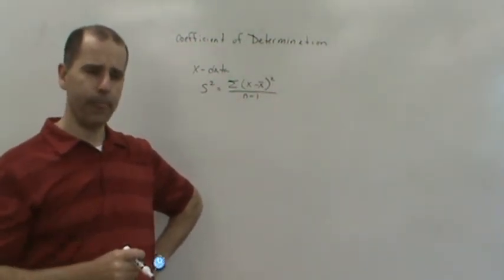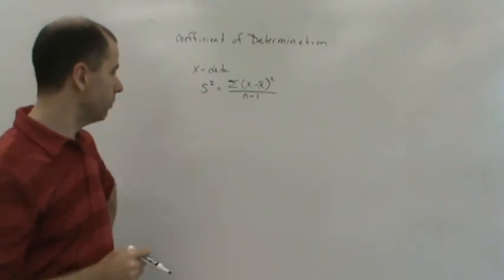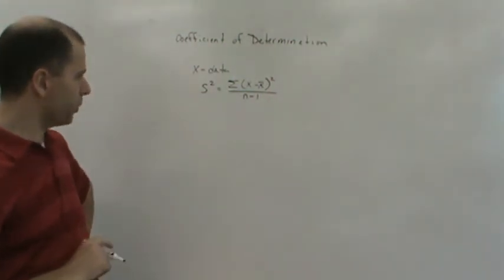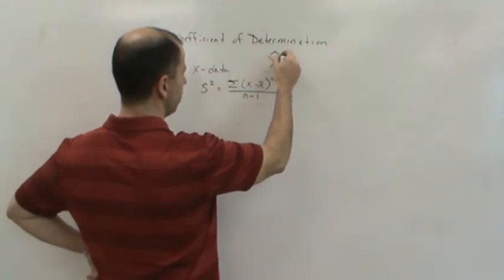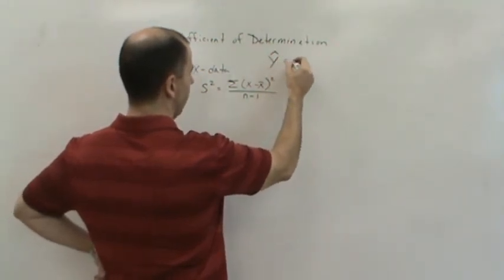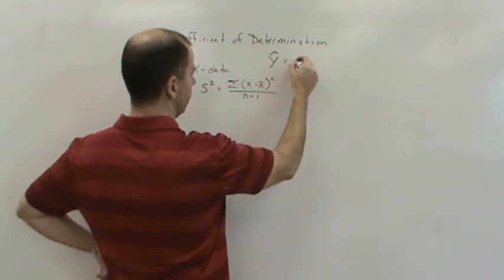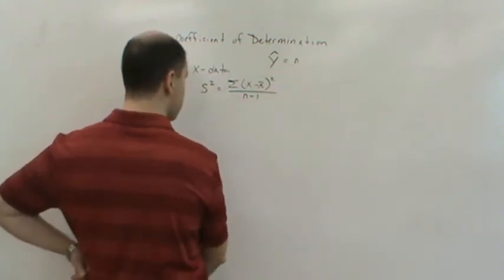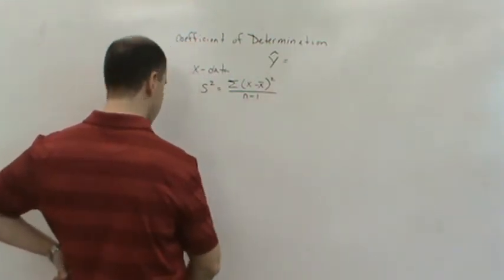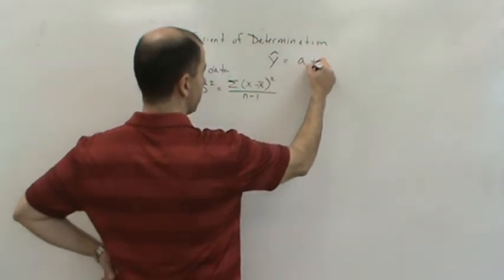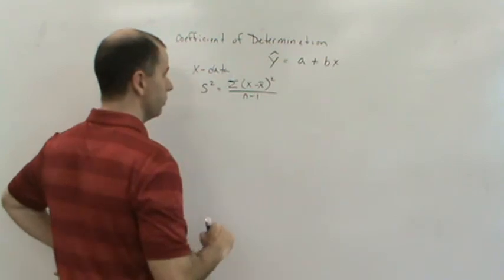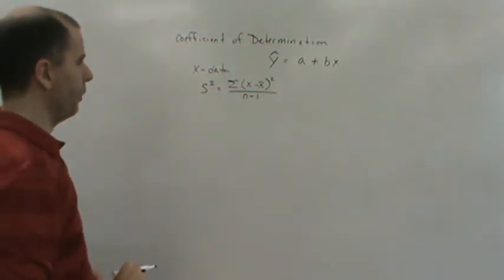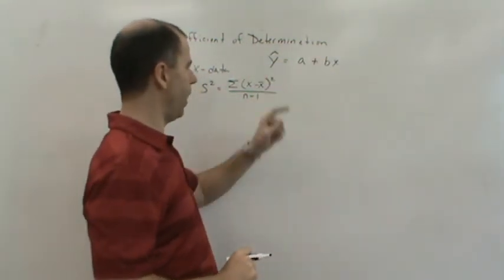Well, now we've got this regression equation, this prediction equation of y hat equals a plus bx. And now we've got x and y hat.